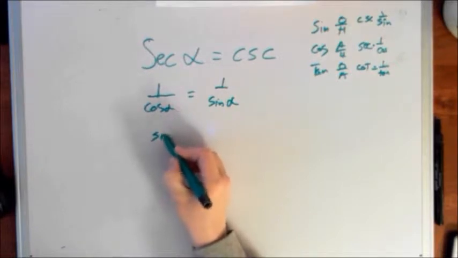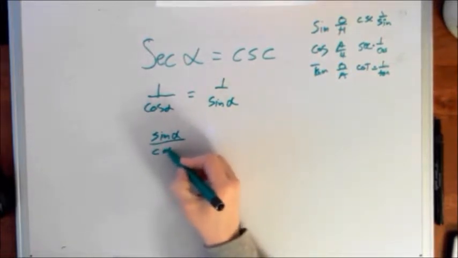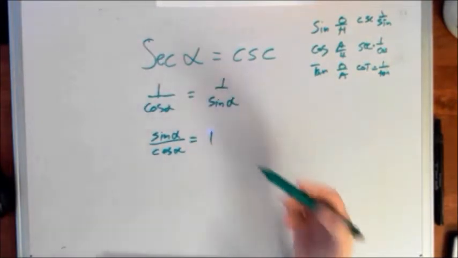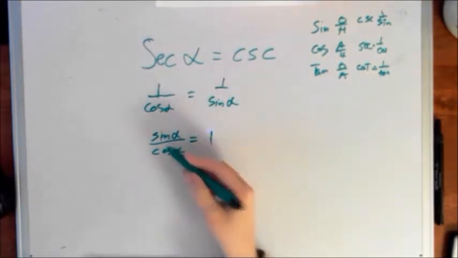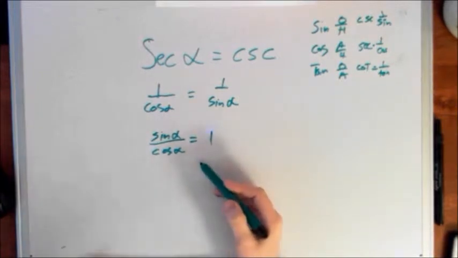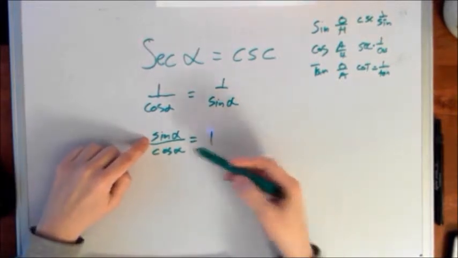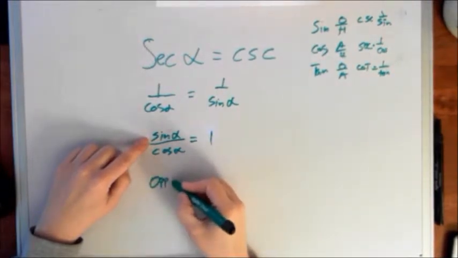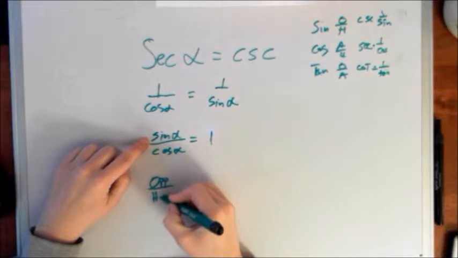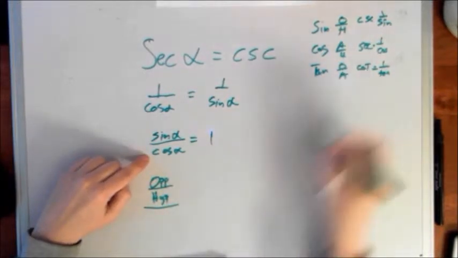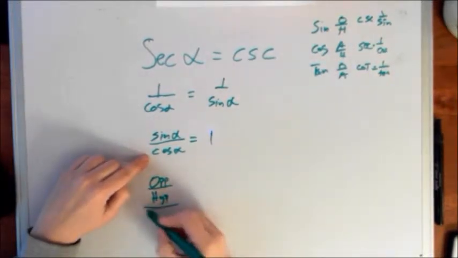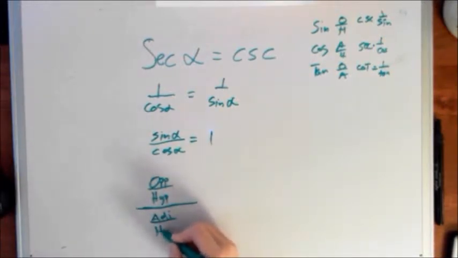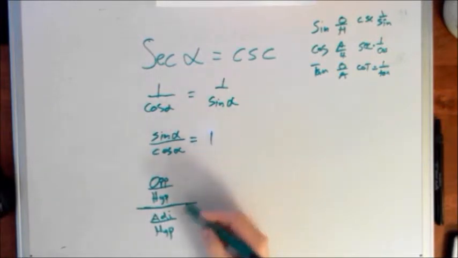So this becomes sine alpha divided by cosine alpha, which is equal to 1. Just move the sine to the top and the 1 to the bottom. So how do I reduce this a little bit more? Well, just going back to basics, what is sine? Sine is opposite over hypotenuse, and cosine is equal to adjacent over hypotenuse, and all this is equal to 1.